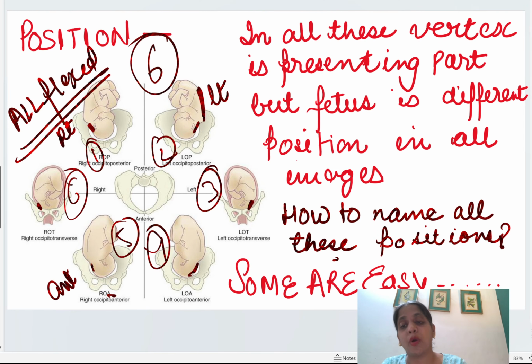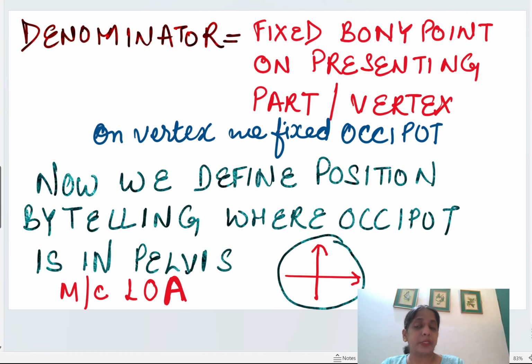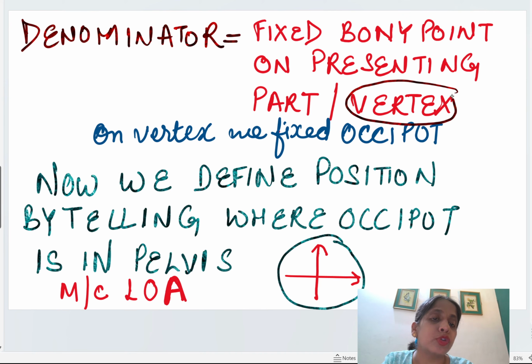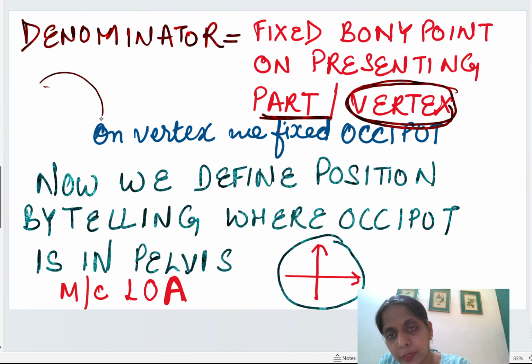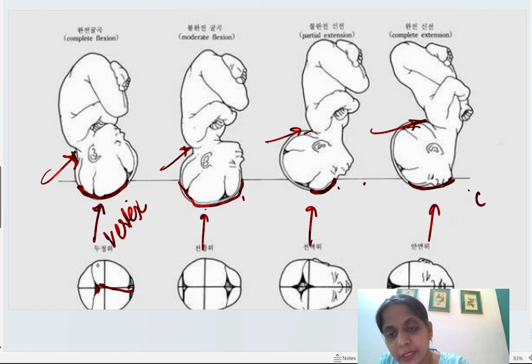First of all, we need to know how to identify the position. On the presenting part, we are discussing the most common, the vertex presentation. On the vertex presentation, we assign a fixed bony point. For example, if this area is the vertex, this is what we feel on PV.